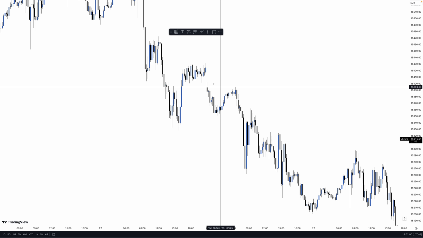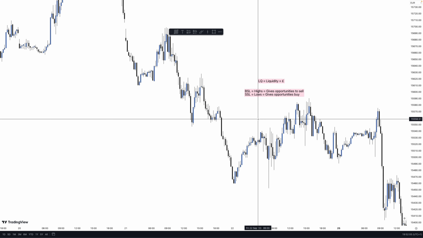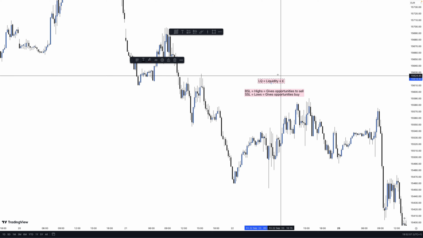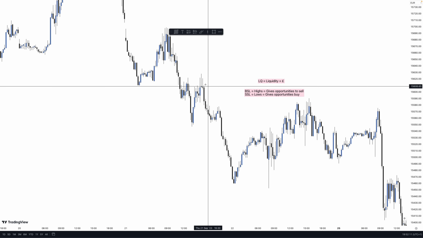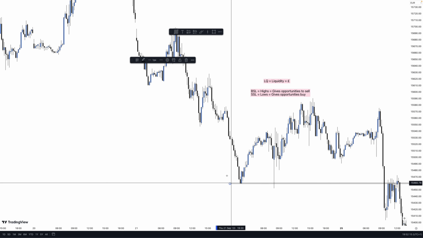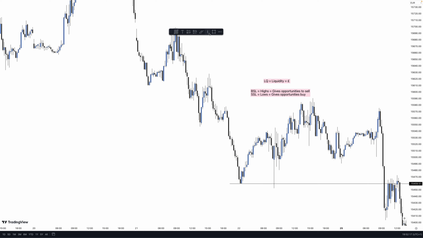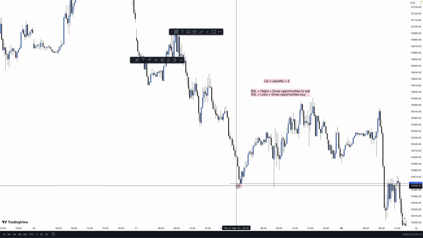So that's the most simple way to understand buy side liquidity and sell side liquidity, and hopefully you understand what liquidity is. All it is is money in the market. So when you're seeing these lows, that's all that is to you. Money.